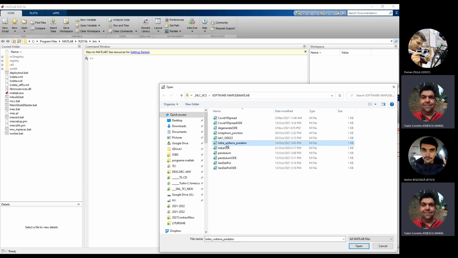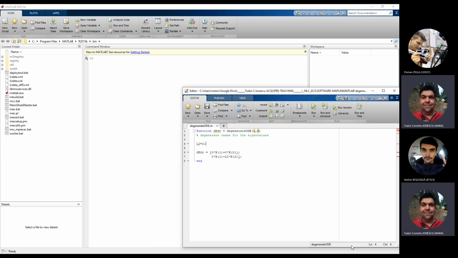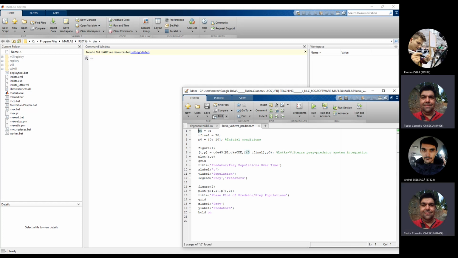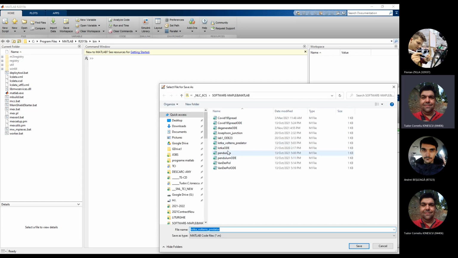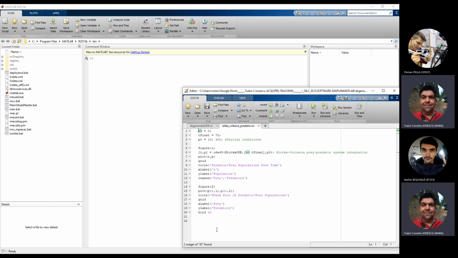Let's save this. Let's call it like this: T0, T final, not P0 but X0, some initial conditions.